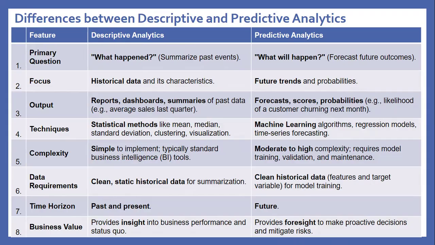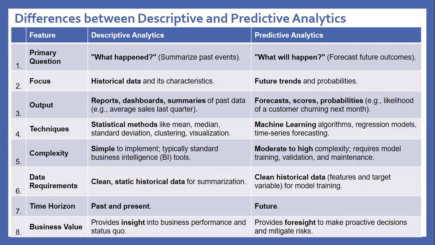Predictive analytics focuses on future trends and probabilities. Output: descriptive analytics produces reports, dashboards, and summaries of past data, such as average sales last quarter. Predictive analytics produces forecasts, scores, and probabilities, for example the likelihood of a customer churning next month.